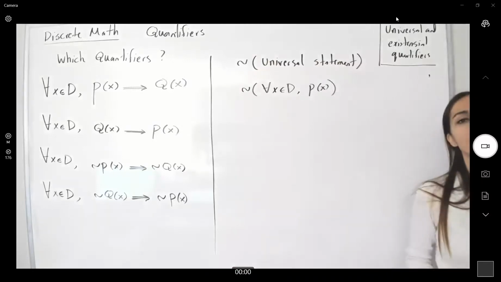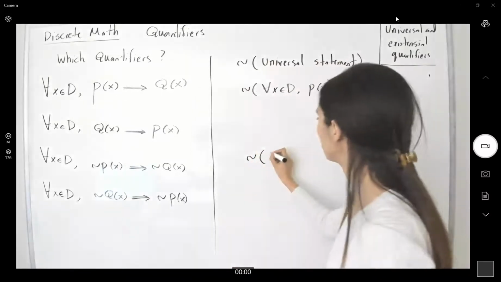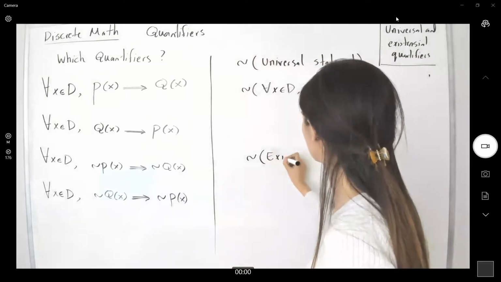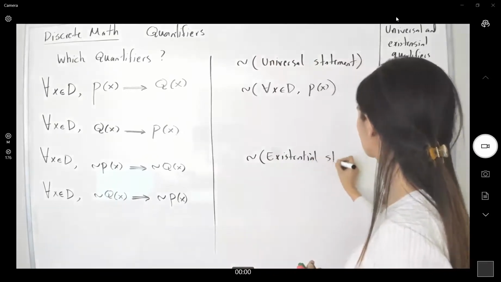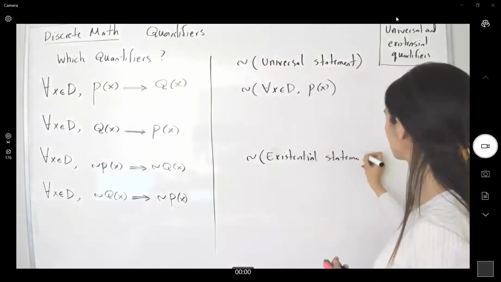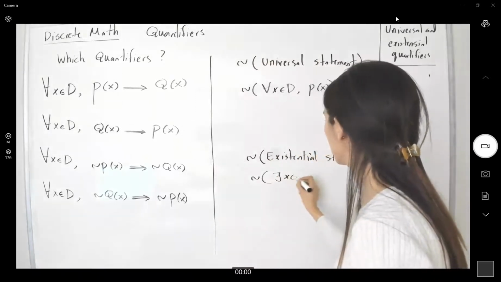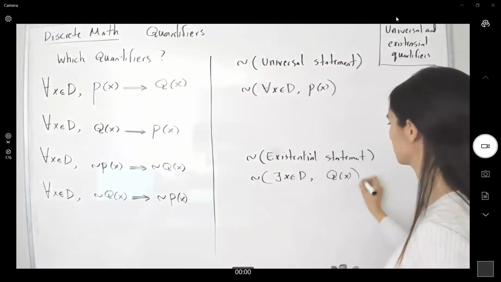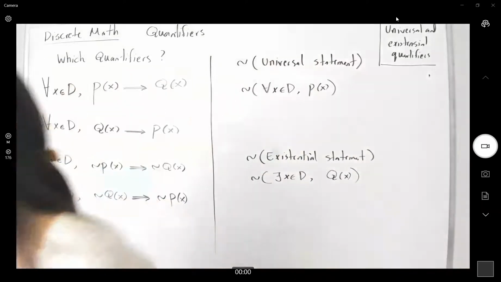And what is the negation of existential statement? What is the negation of there is x in domain D such that, for example, q(x)? How do we negate these two statements?